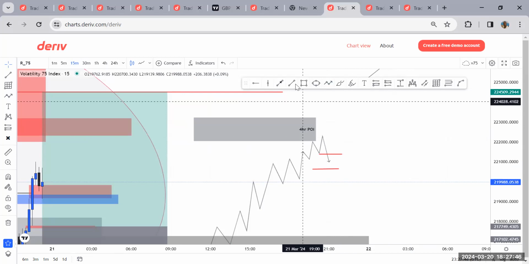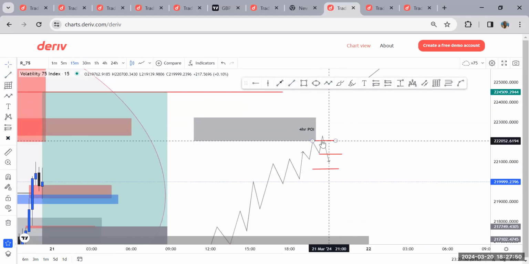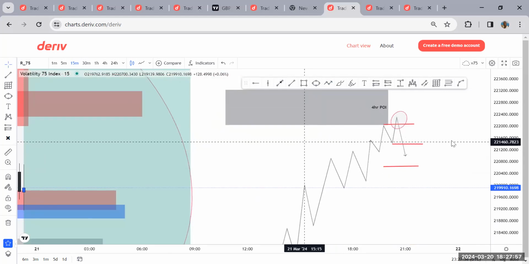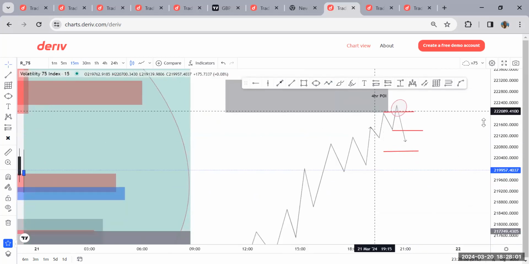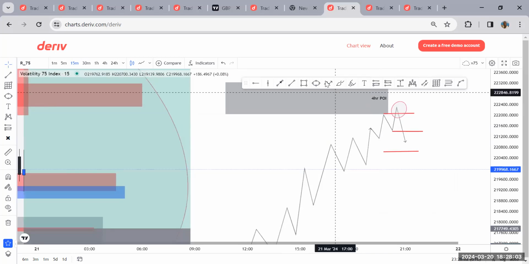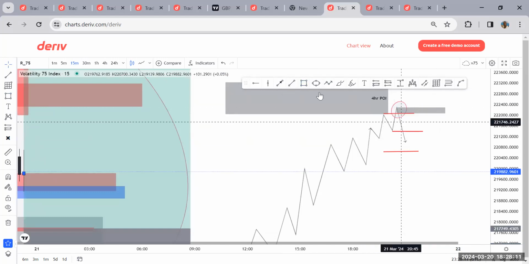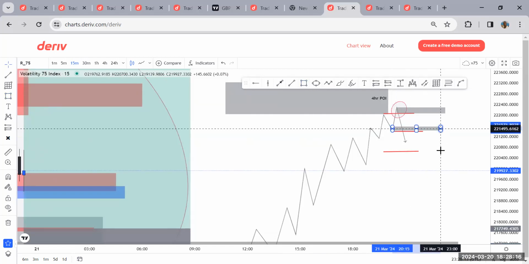I love this type of move, especially when price takes this high as a fake out zone into the POI, and a liquidity grab. Once I get that, I smile because it's a high probability setup that is forming. So once I get my market structure shift, I look for my bearish POI within this zone. And then this area will be my breaker block. So I have two POIs.